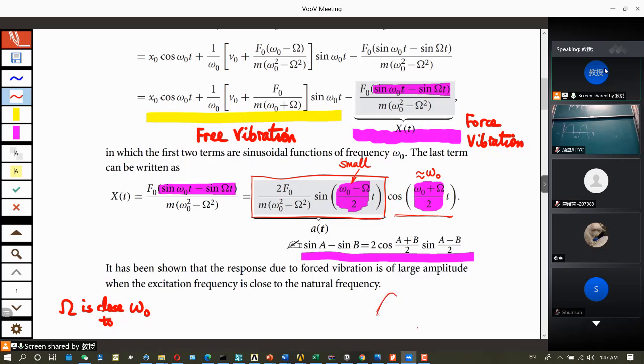It is this cosine function, or let's make it change fast. Okay, so this is cosine omega 0 t. But this term is with very low frequency.